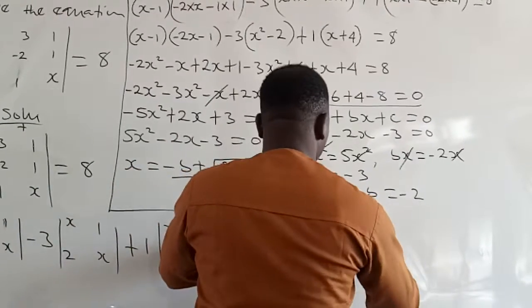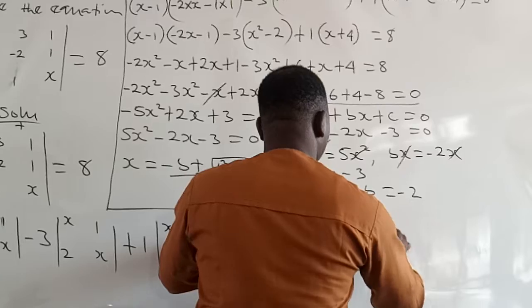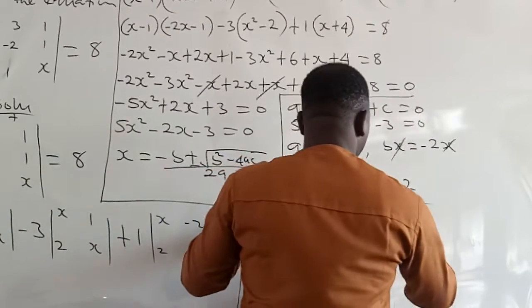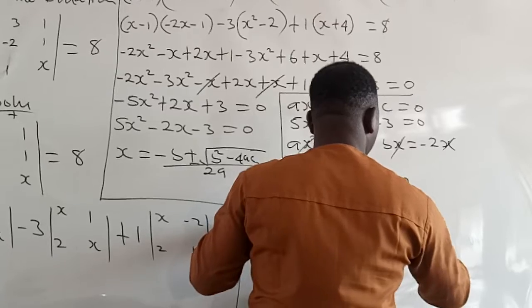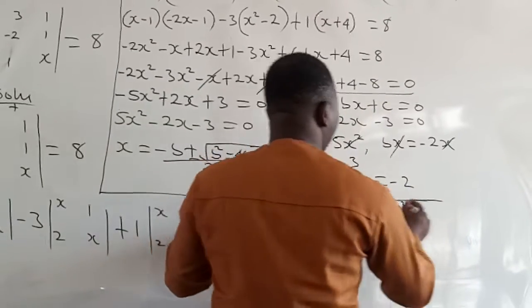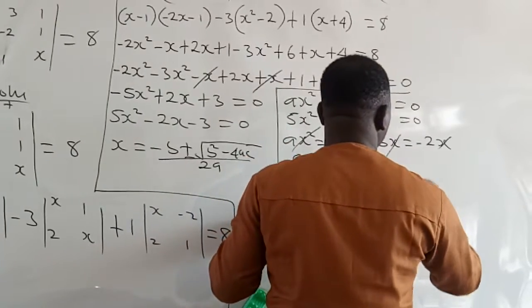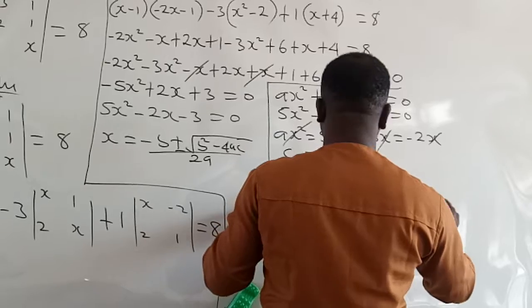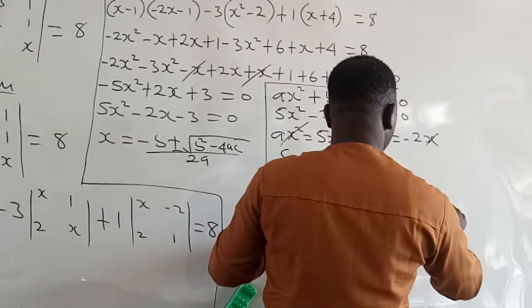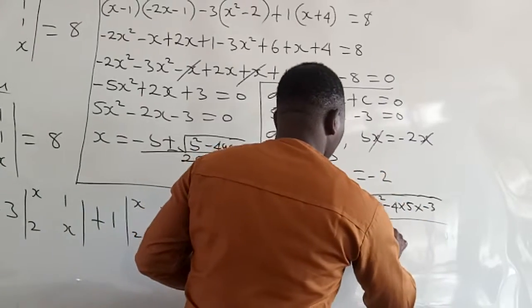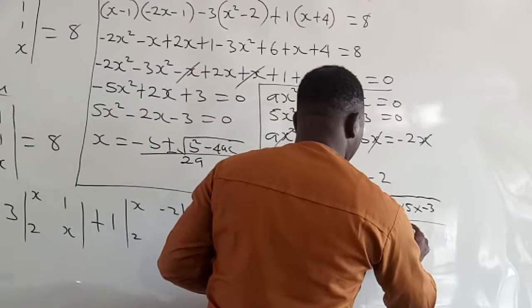Our b is minus 2. Is that clear? Minus 2 plus or minus the square root of minus 2 all squared, minus 4 times a. Our a is 5, right? Then our c is minus 3, right? Minus 3, all over 2 times 5.